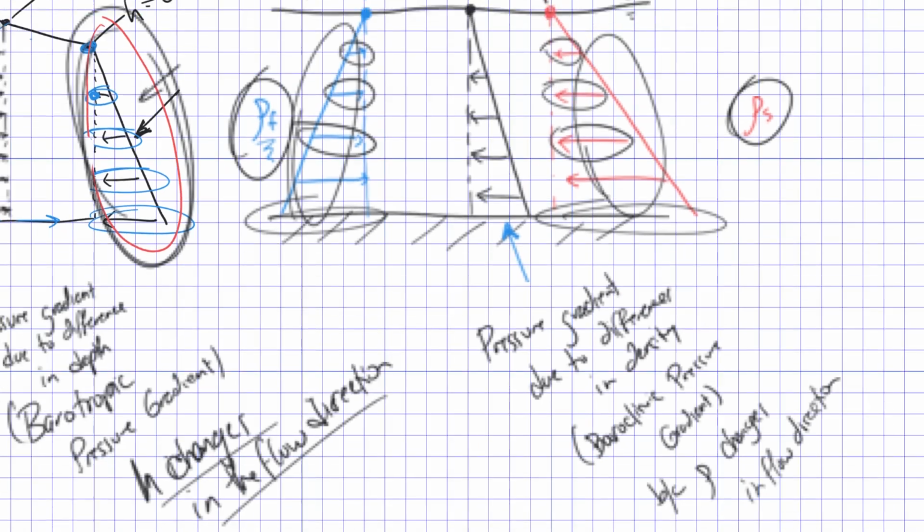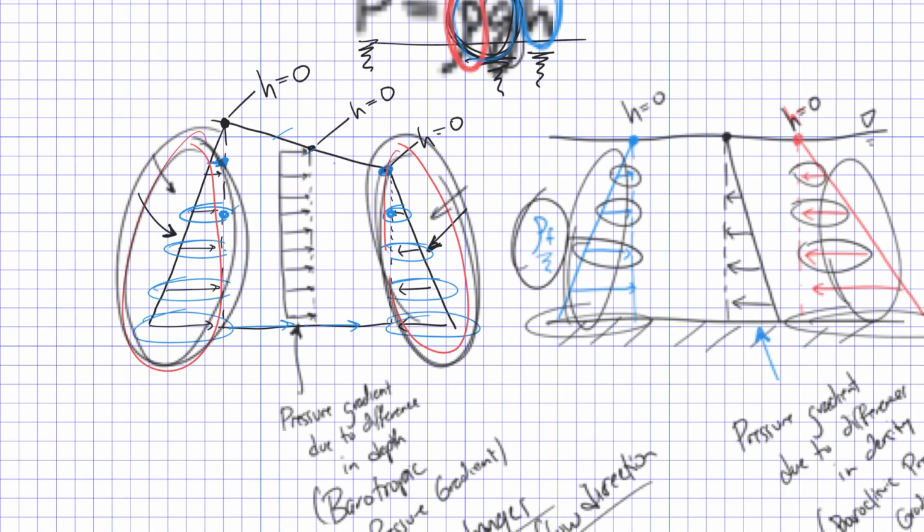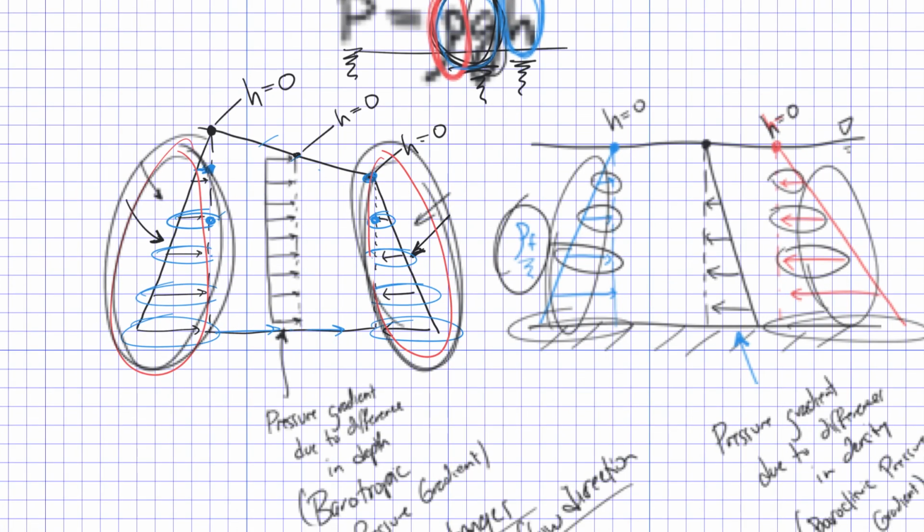Okay, so in other words, now we've got this weird system. I've got a barotropic pressure gradient, which is right here. And I've got a baroclinic pressure gradient right here. And both of these are happening in a river as it approaches the coast. So what I'm going to do is take this pressure gradient and add it to this pressure gradient. And that's going to give me an idea of what's going on.